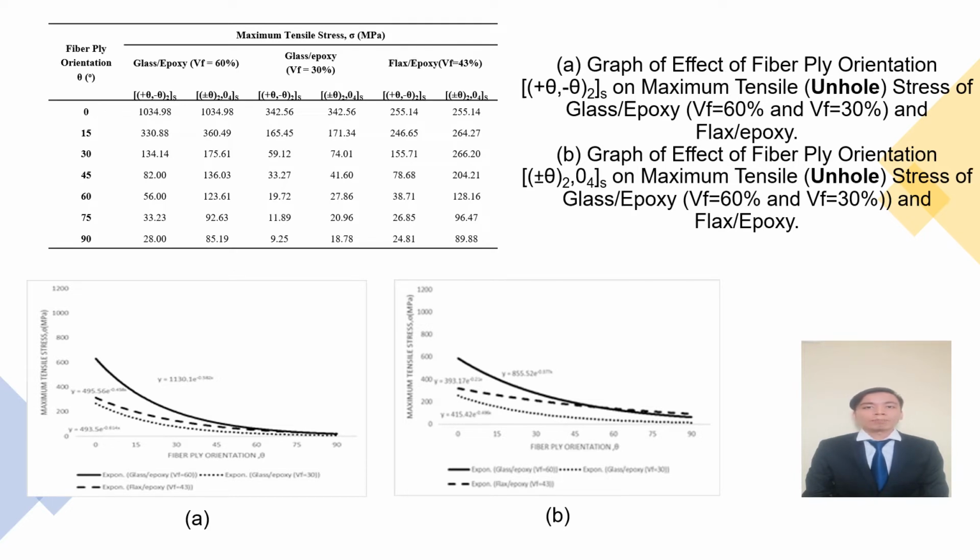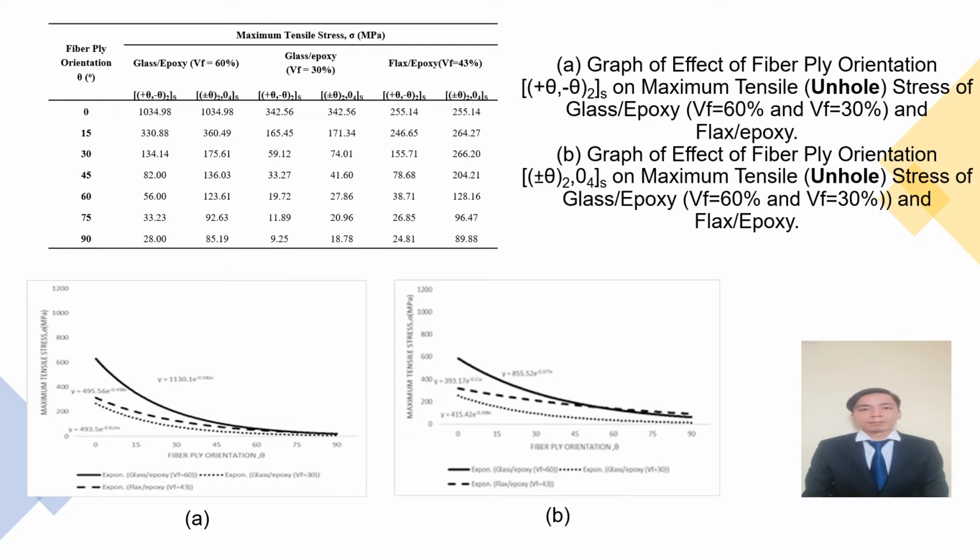However, when we compare plus minus theta layup sequence composite with plus minus theta with 0 degree layup sequence, the latter has the highest maximum tensile strength. This clearly demonstrates how the 0 degree fiber ply orientation in the layup sequence affects the composite tensile stress. From graphs A and B for glass epoxy with volume fractions of 60% and 30%, the maximum tensile stress for volume fraction 60% is higher than 30%.